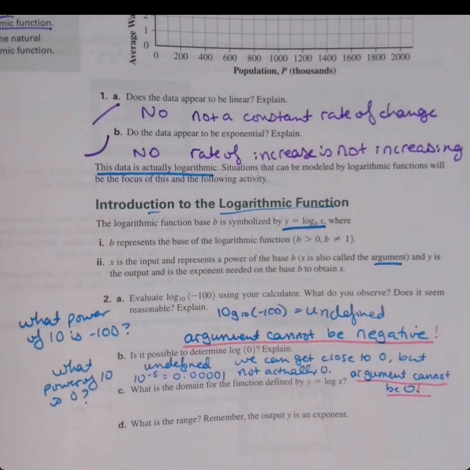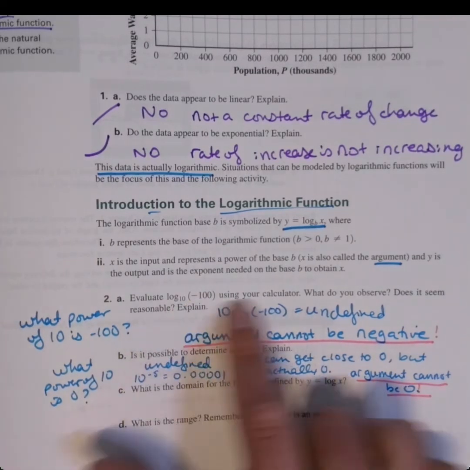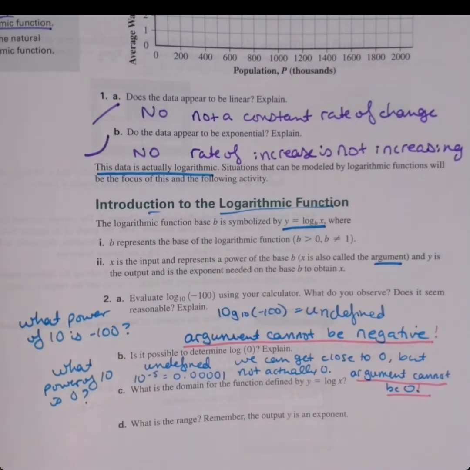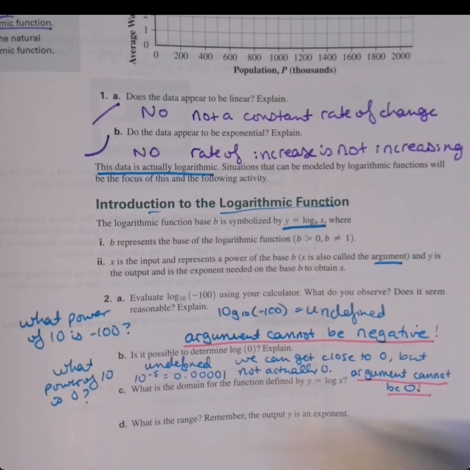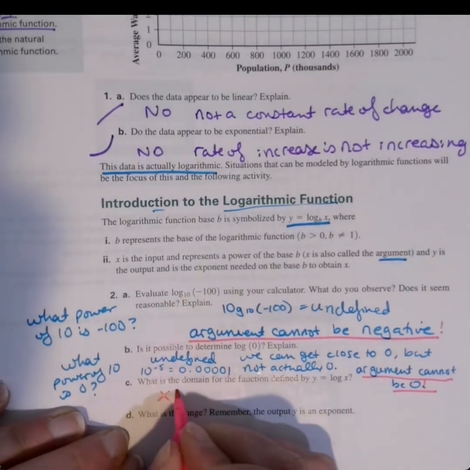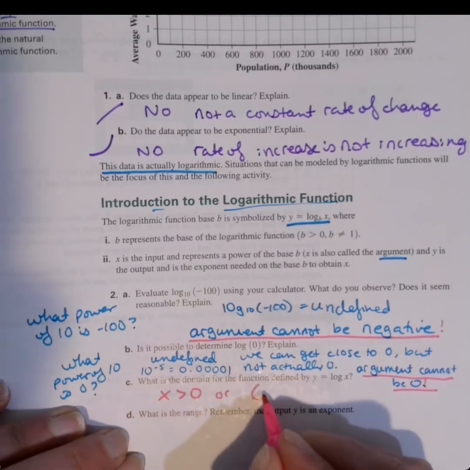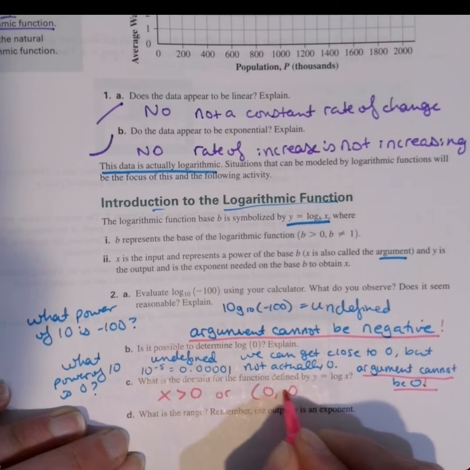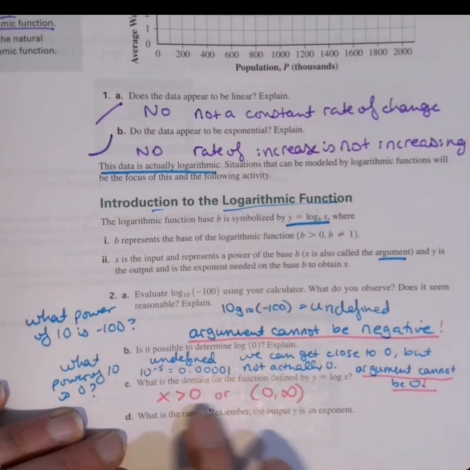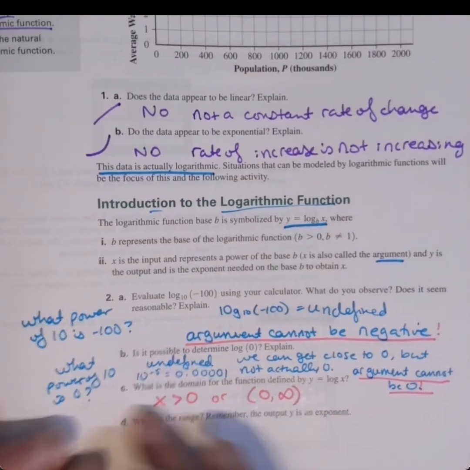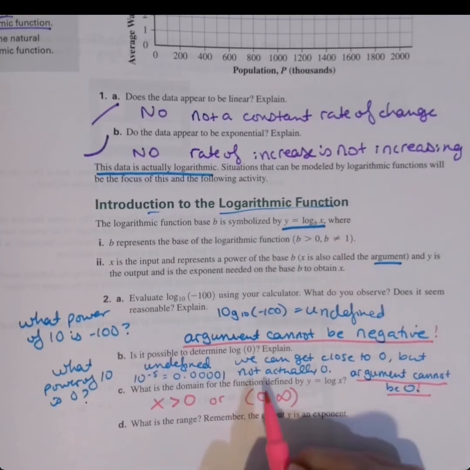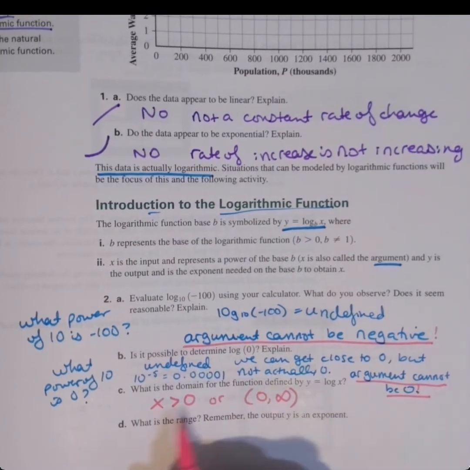I just cannot have negatives inside the logarithm or 0. So I'm going to have x strictly greater than 0, or parentheses from 0 to infinity, depending on whether I want to write this in inequality notation or interval notation. It can't be 0 itself, so I'm not putting a bracket. It's got to be a parenthesis, no equal bar on my inequality.